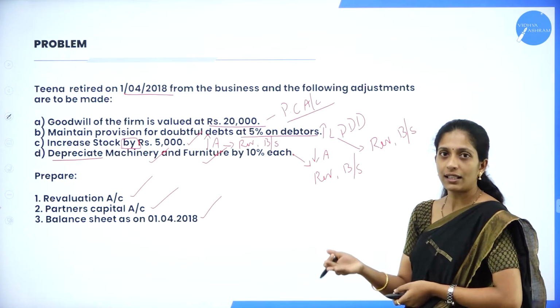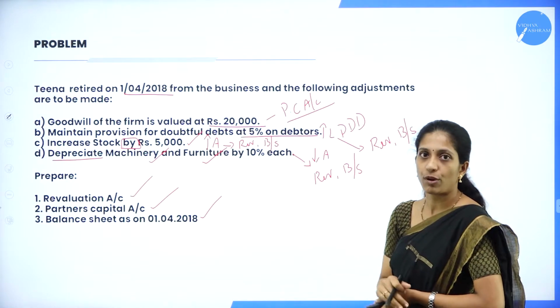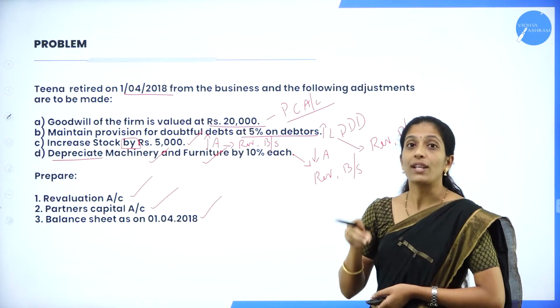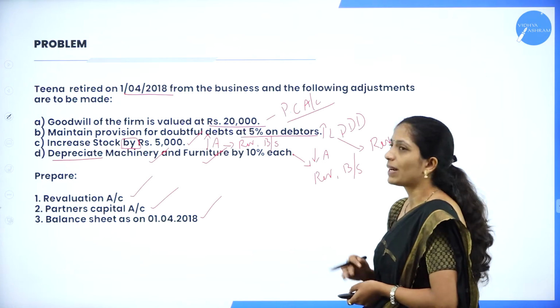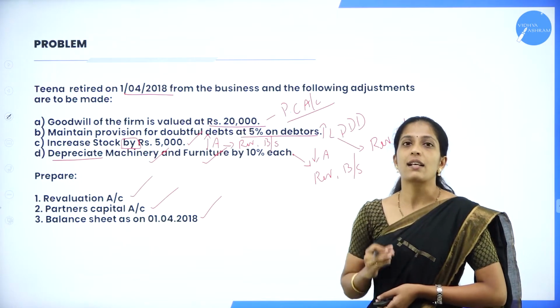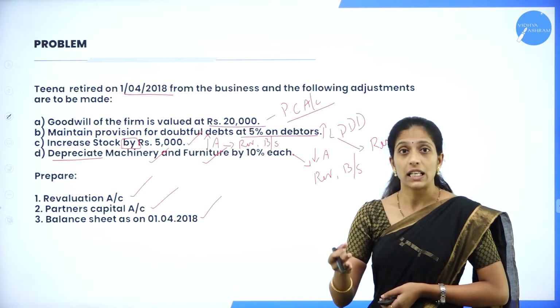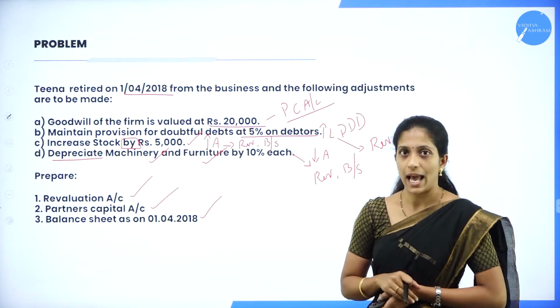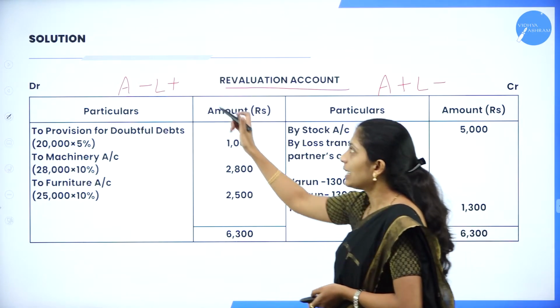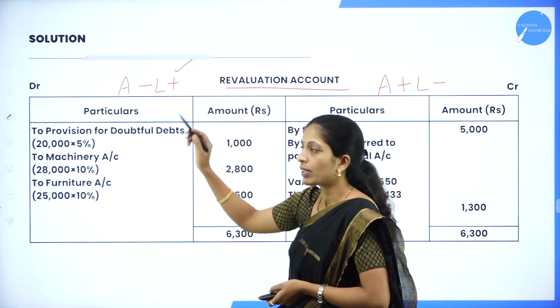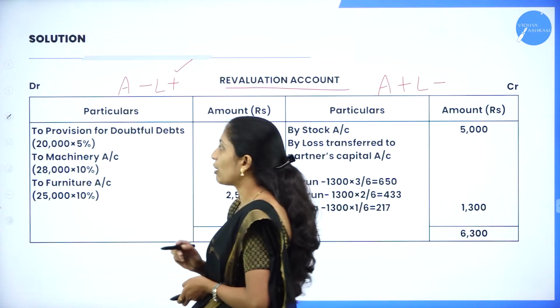In the balance sheet they have not given this provision for doubtful debt, but now they are telling us to maintain a provision at 5% on debtors. In the sense, the provision for doubtful debt has increased, or there is an increase in liability. Now where do we record an increase in liability? That is in the debit side, L plus. So write to provision for doubtful debts.